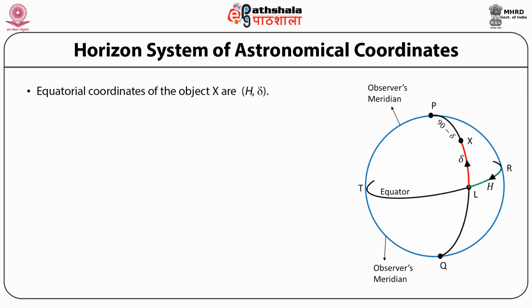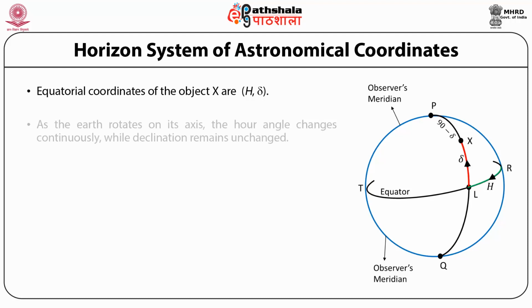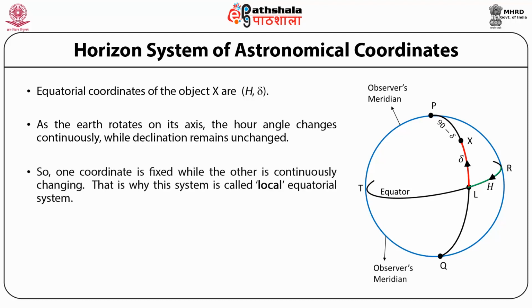In the equatorial coordinate system, the coordinates of a point or a celestial object X are capital H and delta, the hour angle and the declination. As the Earth rotates on its axis, the hour angle changes continuously while the declination remains the same. So one of the coordinates is fixed while the other is continuously changing.